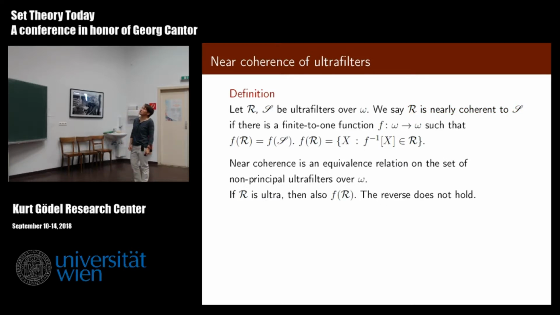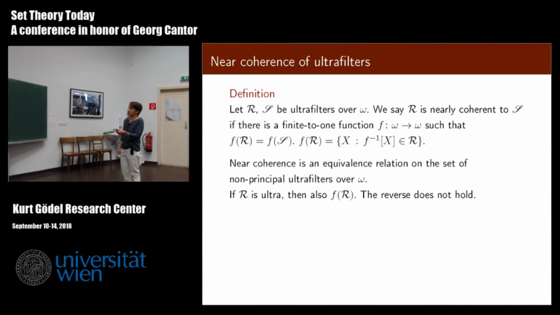Given two ultrafilters over omega, we say R is nearly coherent to S if there's a finite-to-one function f such that, with the mapping going in this way, f of an ultrafilter consists of the subsets of omega whose pre-image is in the ultrafilter.